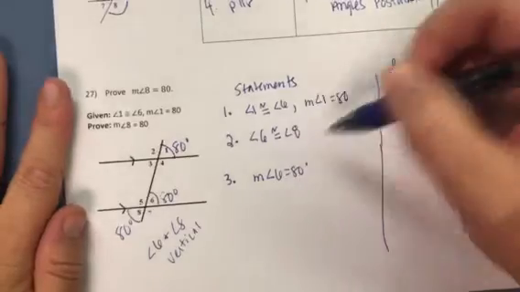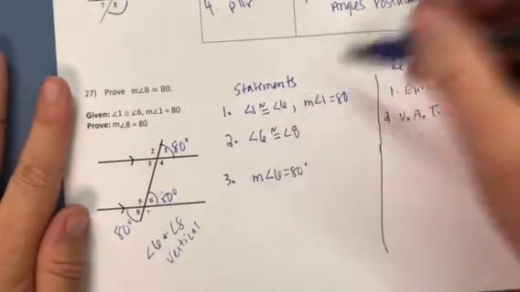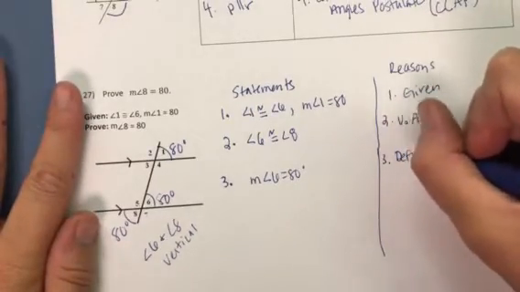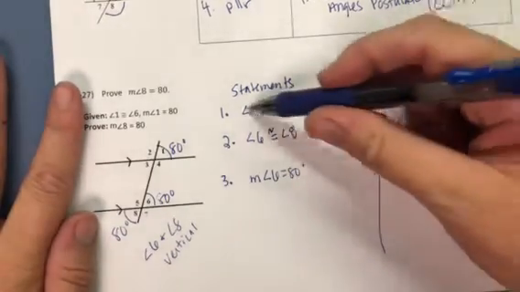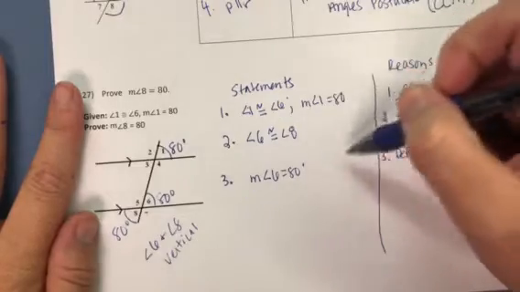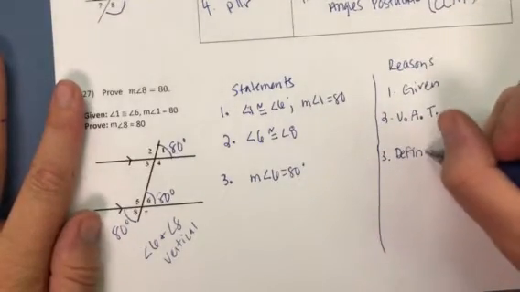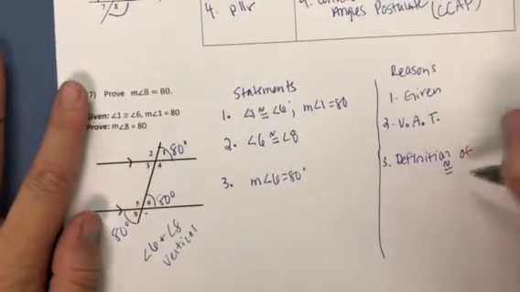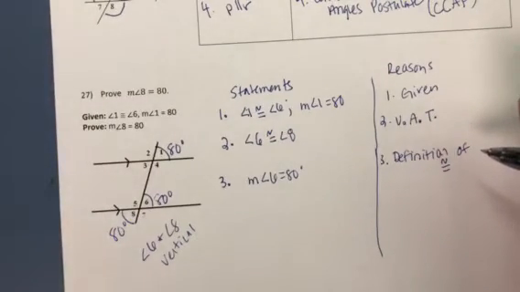We said what 1 is. We know 6 has to have the same measure. I think there's a lot of ways you could justify it. To me, that is the very definition of congruence, that things that are congruent have the same measure. So I'm going to cite the definition of congruence. I think there are other ways you could justify that. To me, that's what that is.